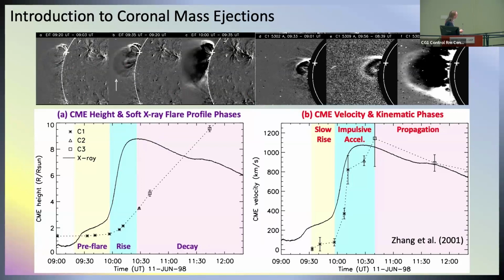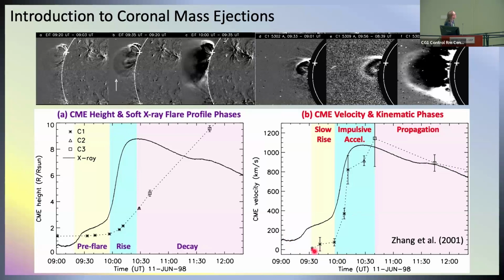If you keep track of that leading edge, you get this height profile. You can take a numerical derivative of these height-time plots to get velocity-time. And then you've got these three velocity versus time intervals that line up surprisingly well with the soft X-ray emission.